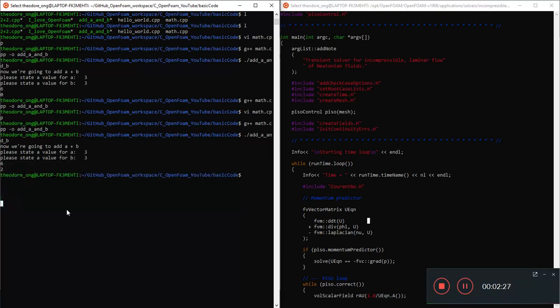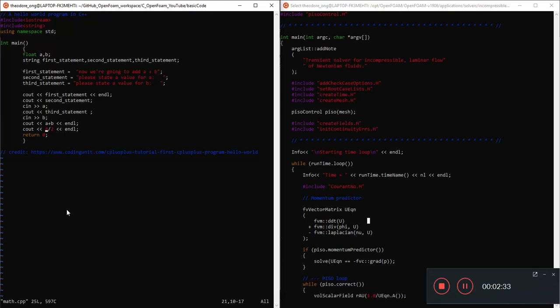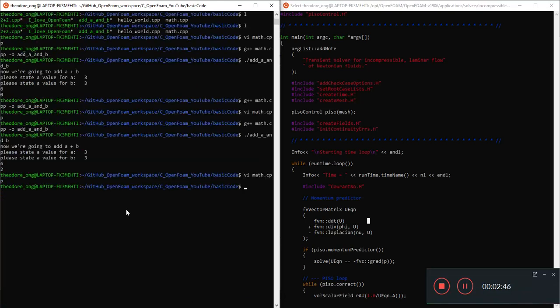So 4 divided by 2 still gives you 2. Let's give it a test: 9 divided by 2 should give you 4.